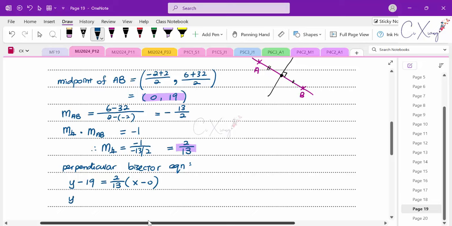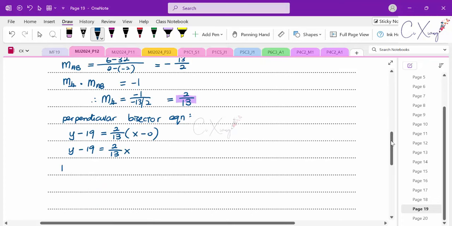So you'll have y minus 19 equals 2 over 13 x. To put it into the general form, you multiply the whole equation by 13 first. 19 multiplied by 13 gives 247 equals 2x. Then you move everything to the other side. So this is how you get the general form for this perpendicular bisector equation.